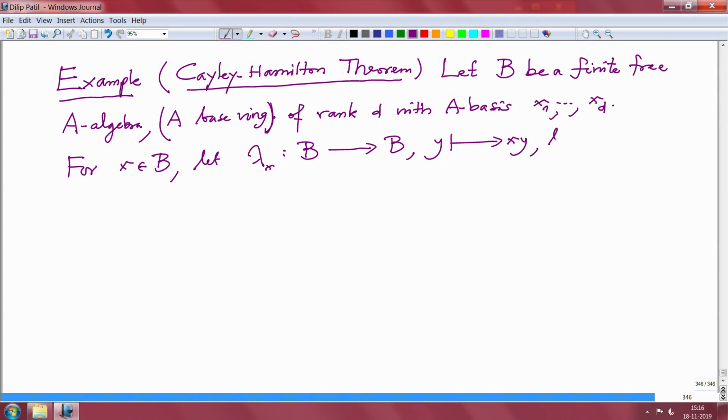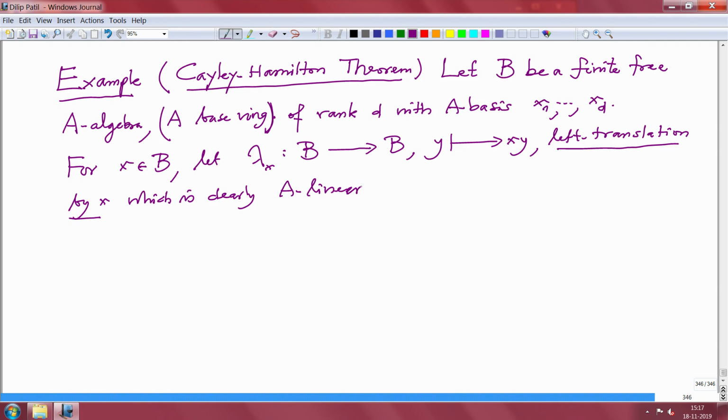This is left translation by x, which is clearly A-linear.